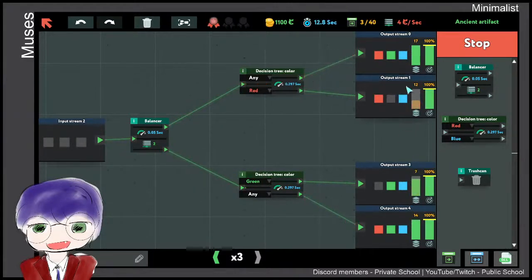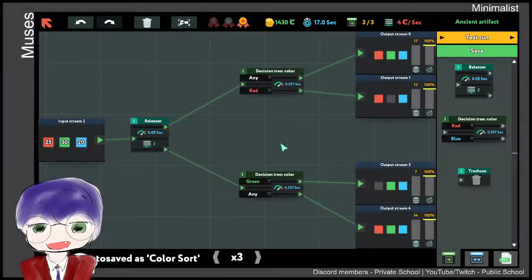We have the 100% accuracy, but we're not getting enough into these two pockets. What did I do before? Oh, it was a balancer, and that wasn't going to work.